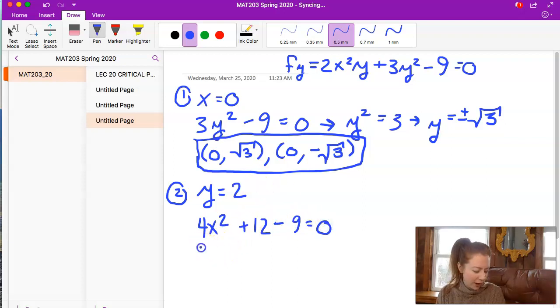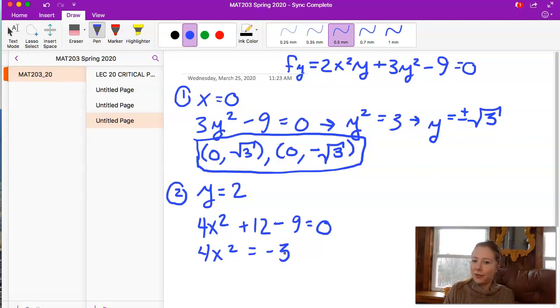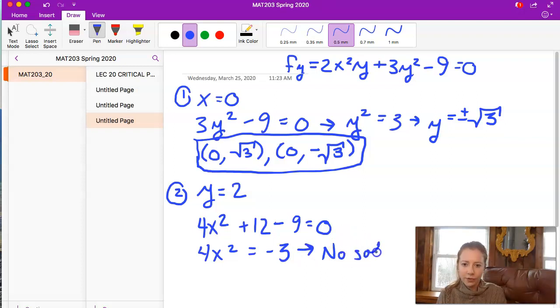So we end up with 4x squared is equal to minus 3. Uh-oh. All right, so you'll notice here that we have x squared equal to minus 3/4. So that's going to give us an imaginary number. So really, we have no solution here. So this doesn't get us any further.